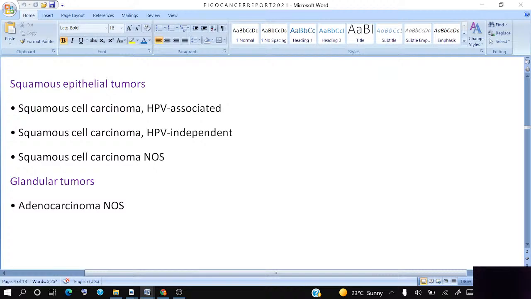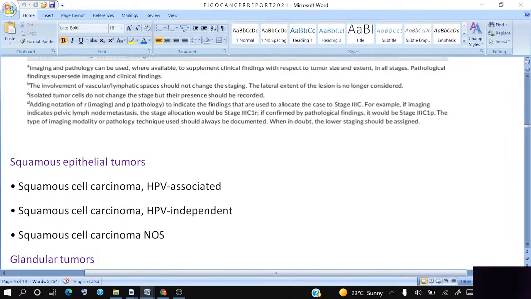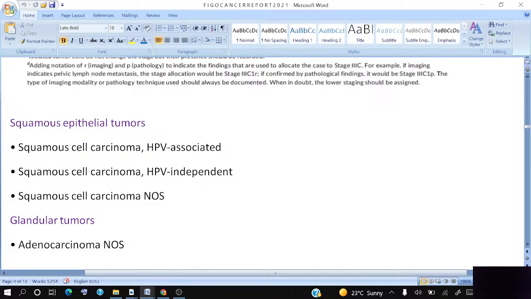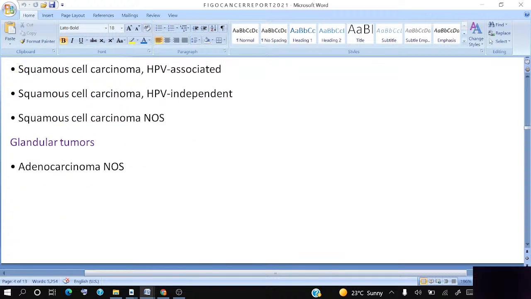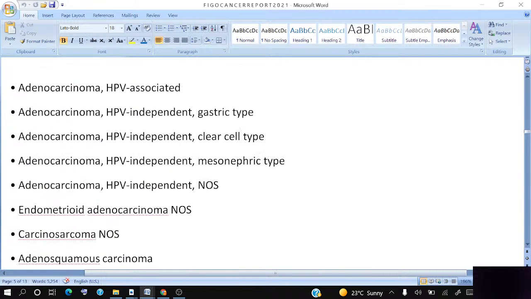So we have here the subtypes of cervical cancer. Especially we will go to the squamous epithelial tumors. We have squamous cell carcinoma HPV associated, squamous cell carcinoma HPV independent, and squamous cell carcinoma NOS. Then the glandular tumors: adenocarcinoma NOS, adenocarcinoma HPV associated, adenocarcinoma HPV independent of gastric type, and clear cell carcinoma.